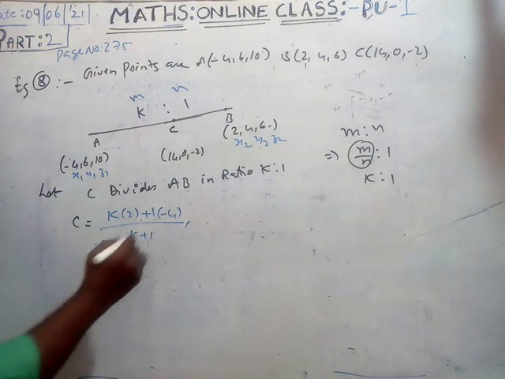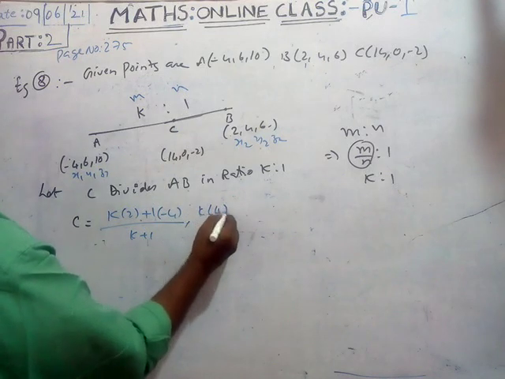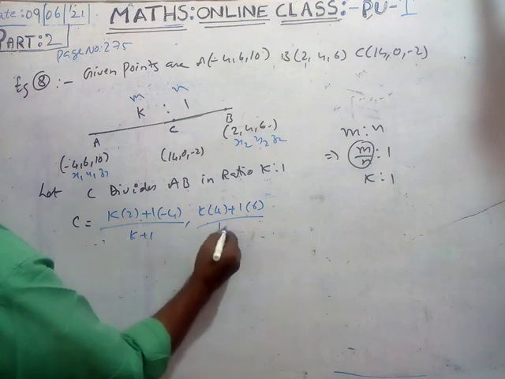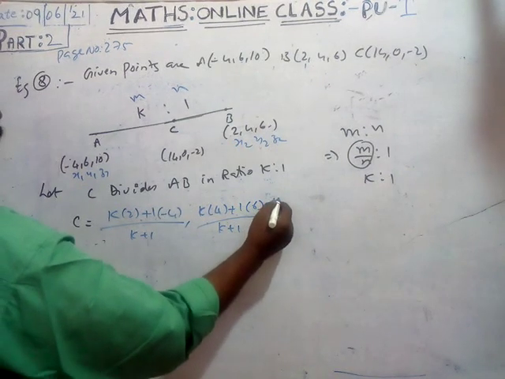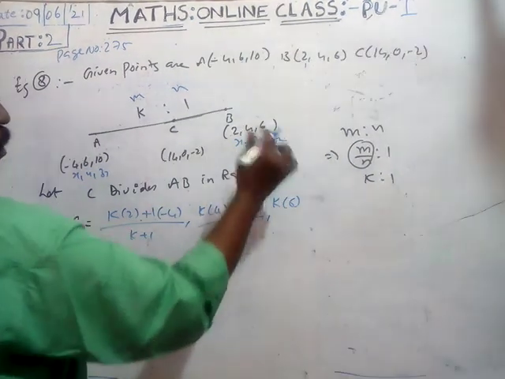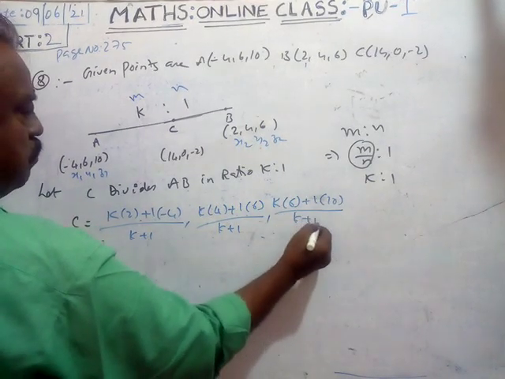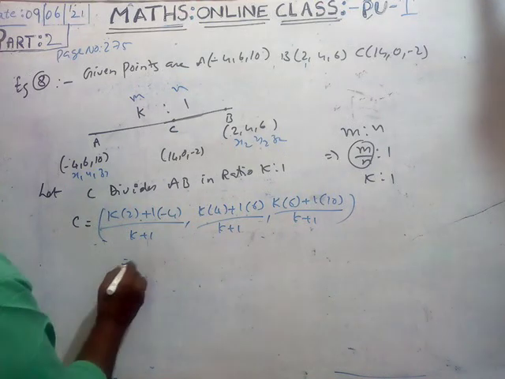Similarly, K into 4 plus 1 into 6 by K plus 1, and K into 6 plus 1 into 10 by K plus 1.